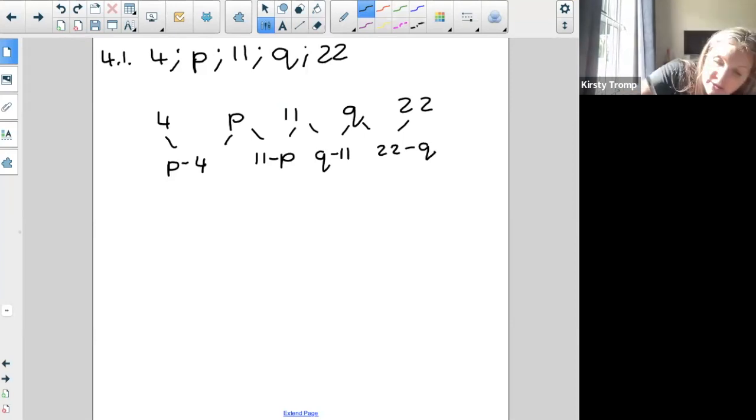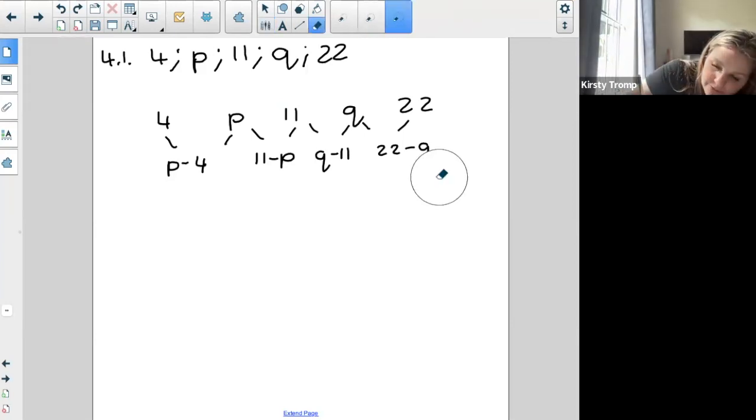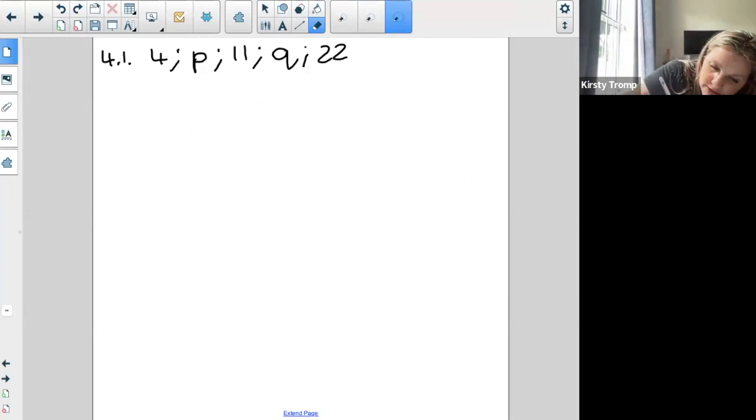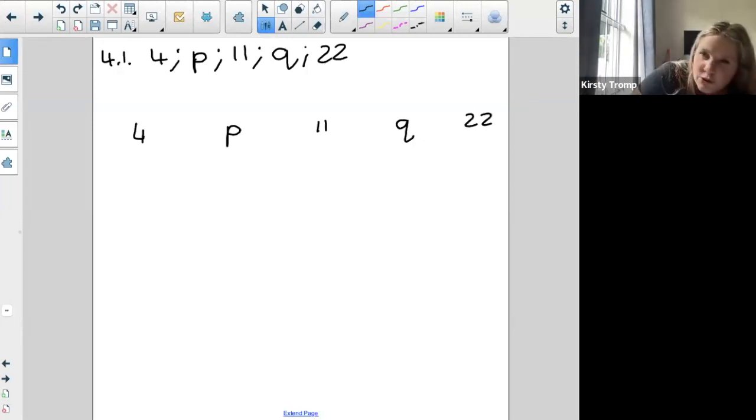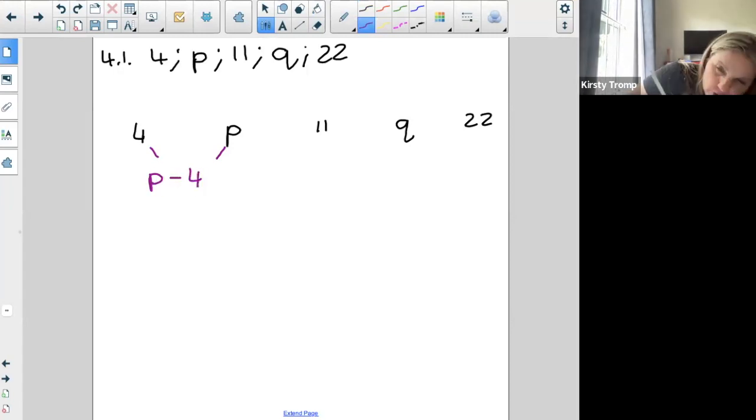So what am I doing each time? I'm just going to do it again for you. I took my numbers: 4, P, 11, Q, and 22. Between these two numbers, I say P minus 4, so I take my second number minus my first number.